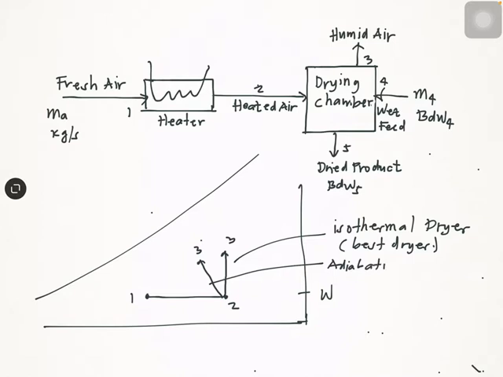And this process from 2 to 3 double prime is the non-adiabatic dryer.